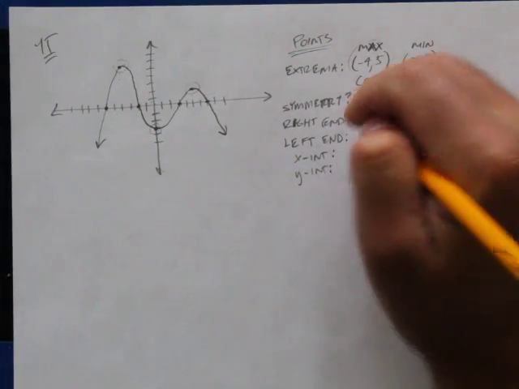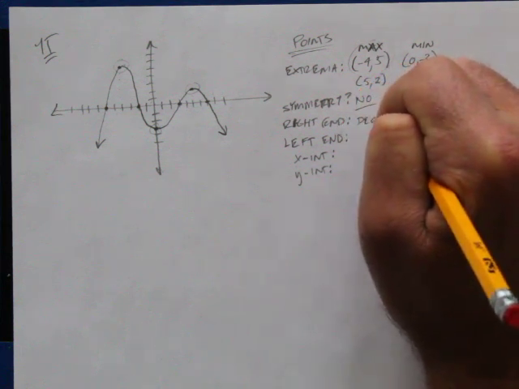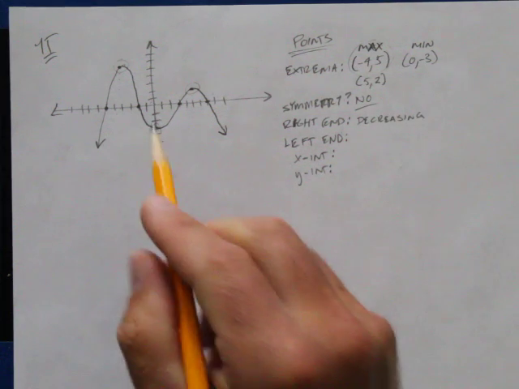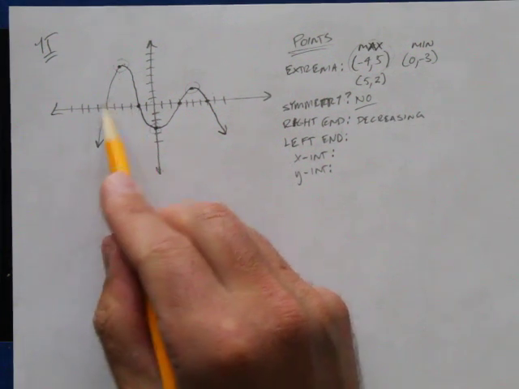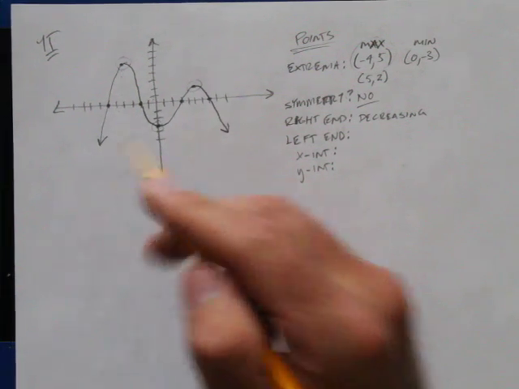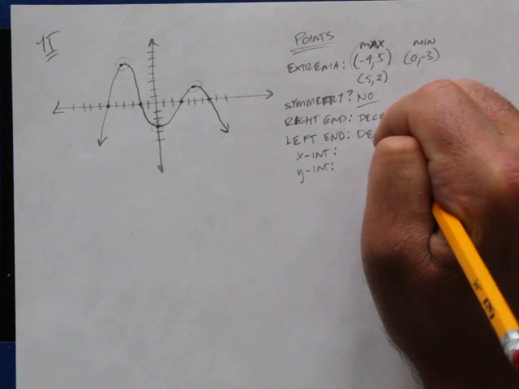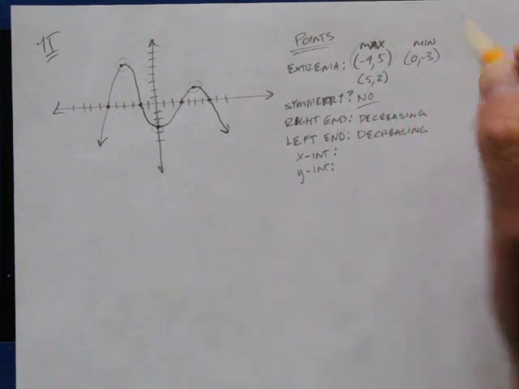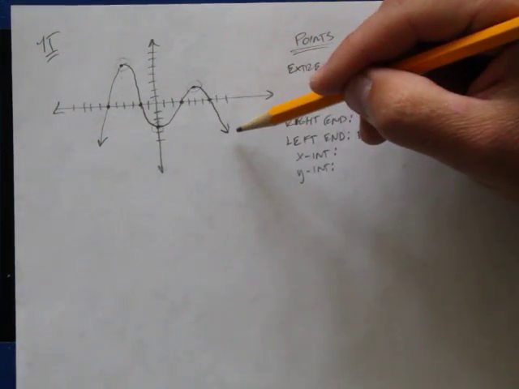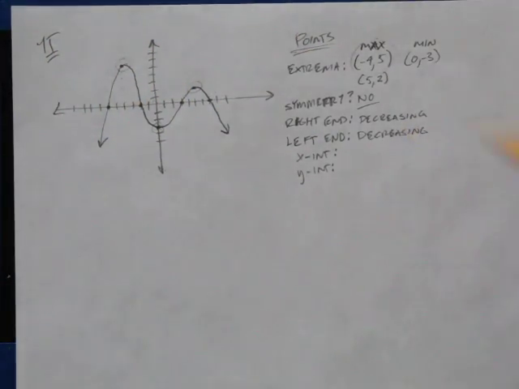So I'm going to say decreasing. On the left end, as x decreases, y is also decreasing. So both of these are decreasing. The arrow is pointing down on the right, the arrow is pointing down on the left, so they are both decreasing.